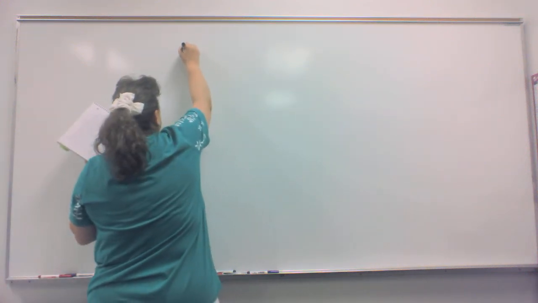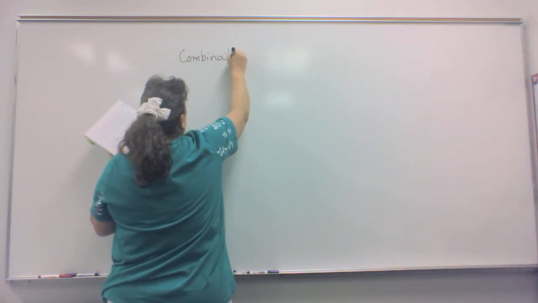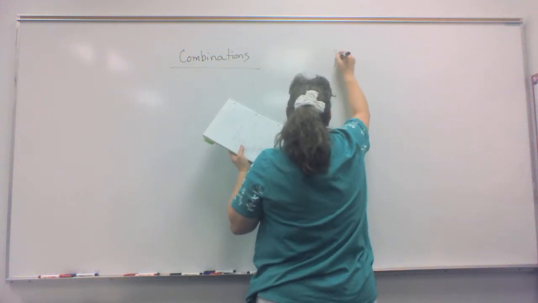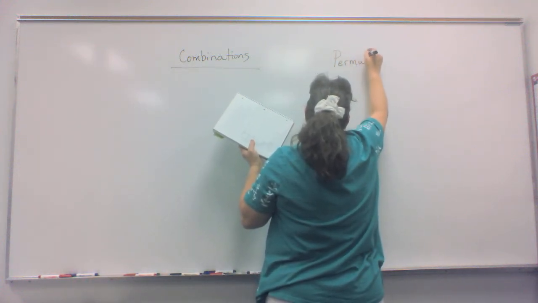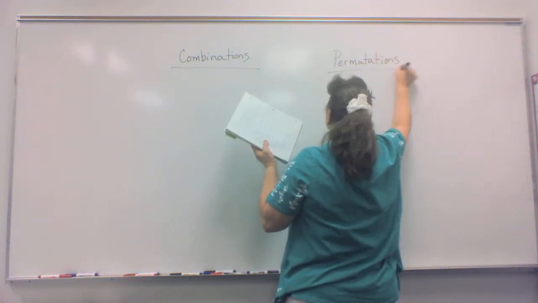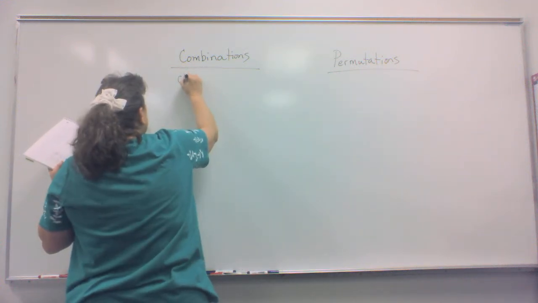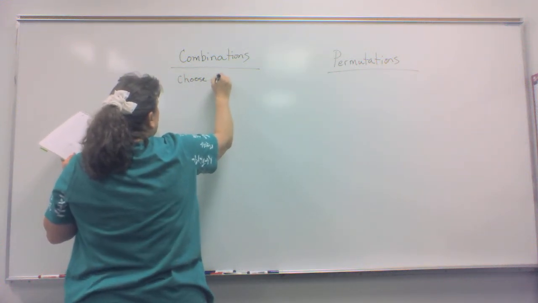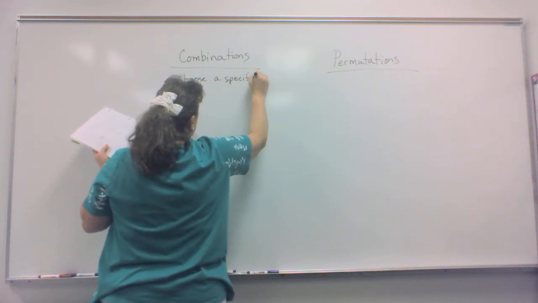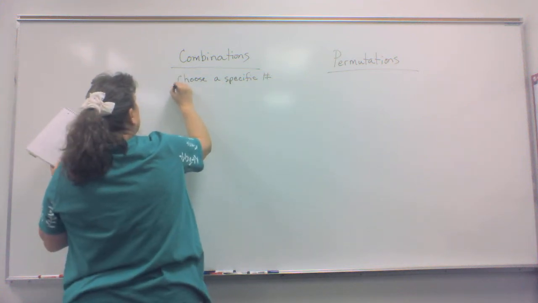For combinations, let's look at elements that these are characterized by, characteristics of these two actions. Okay, choosing a specific number of objects from a larger group.